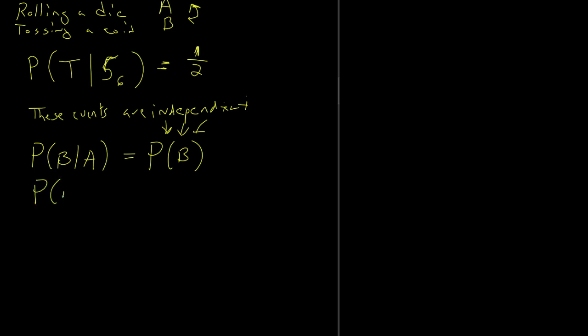Also, the probability of A given B is equal to the probability of A when they're independent, right? When the happening of one event does not change the probability, doesn't change any of the chances of the occurrence of the other event.